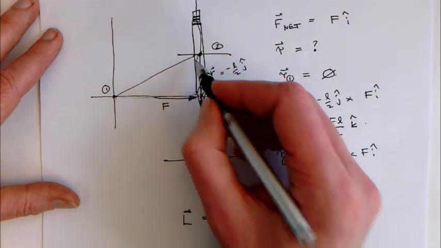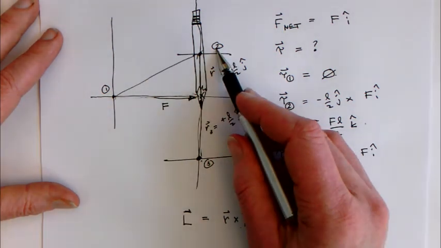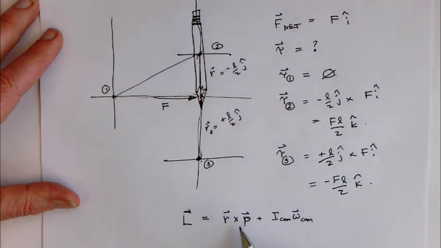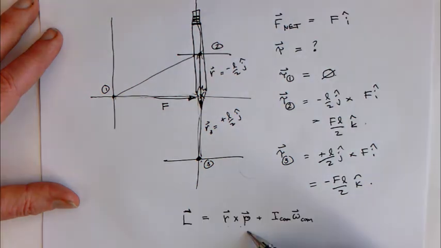This will be what my r is for the center of mass for origin 1. For origin 2, this first term will be 0, right? I don't have anything going on with respect to the center of mass because I'm located at the center of mass. And for origin 3, I'll have yet another r that goes to the center of mass.